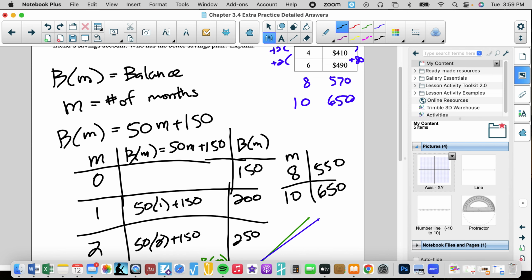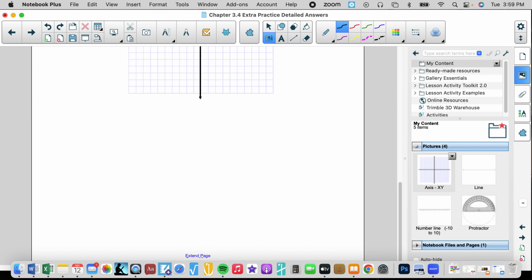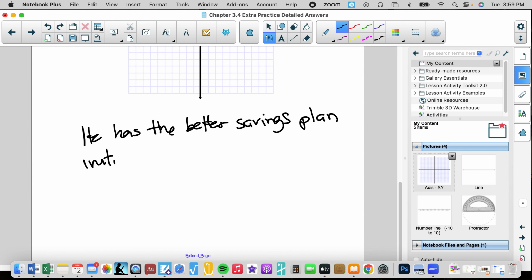Does that make sense? So the table shows who has the better savings plan. He has the better savings plan initially. At 10 months, we have identical savings.